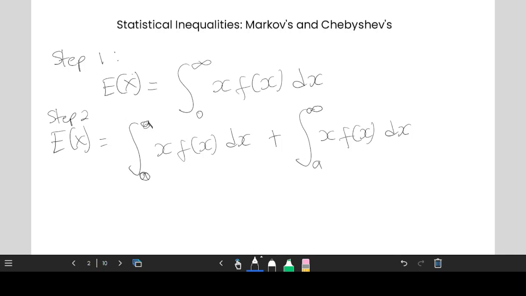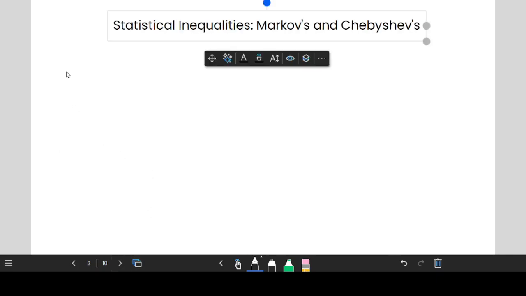Let's look at the third step. The third step will be to drop the first integral. Okay, so we know that X is greater than or equal to 0. So this will give that x f of x will also be greater or equal to 0 for all x.